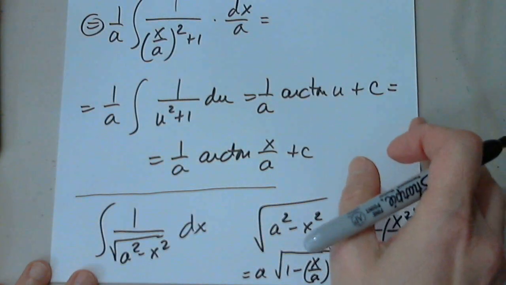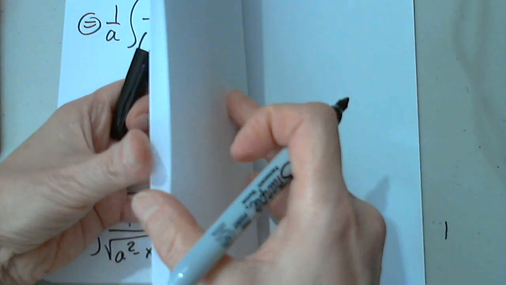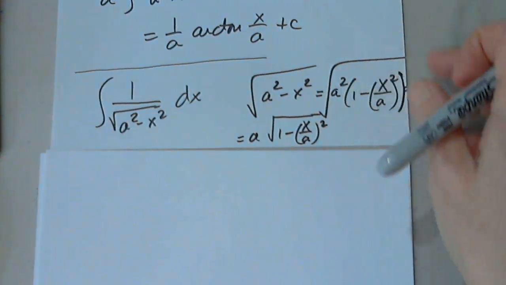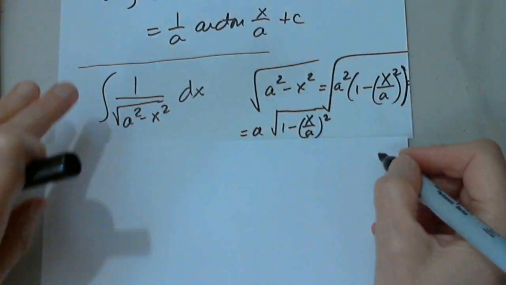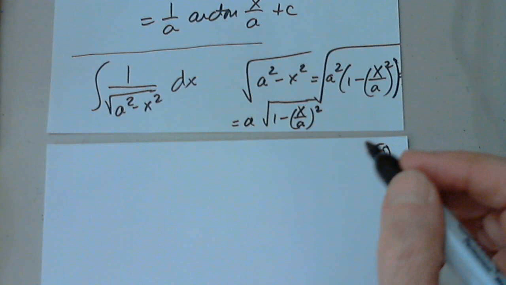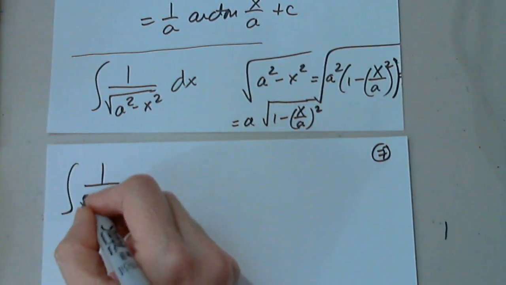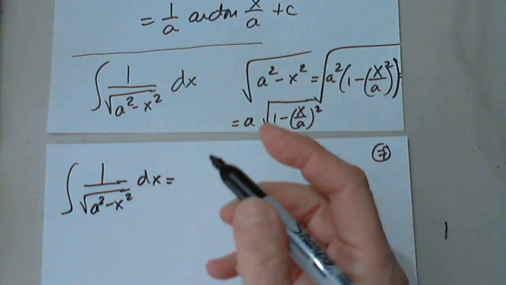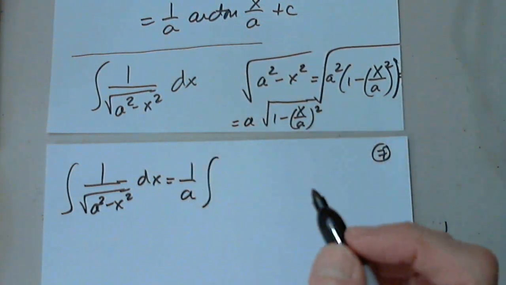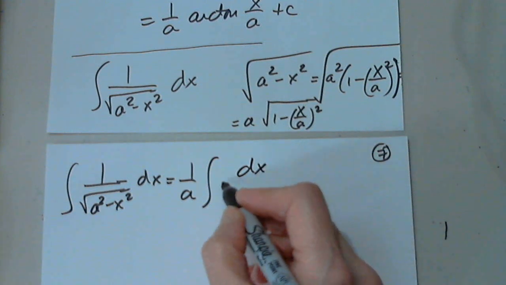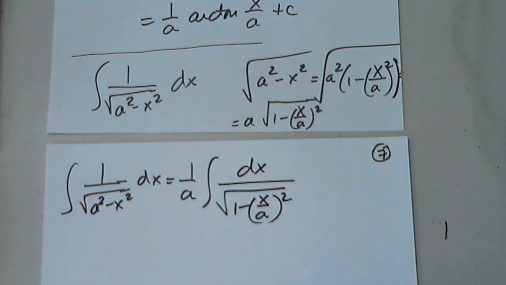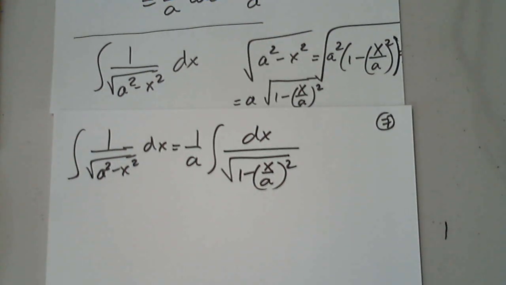So I'll continue with this, and I'm on page 7. The integral of 1 over the square root of a squared minus x squared dx is the same as 1 over a times the integral of dx over the square root of 1 minus x over a everything squared. And like before, we are going to use a substitution.